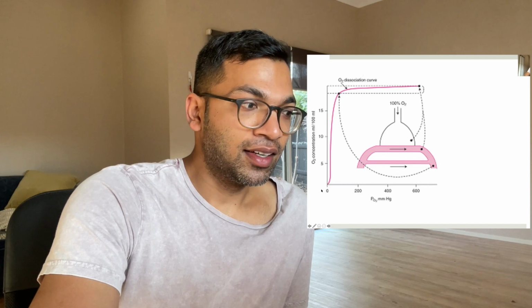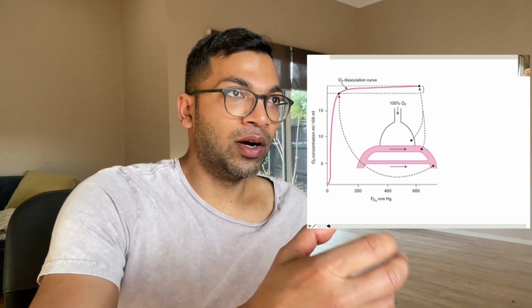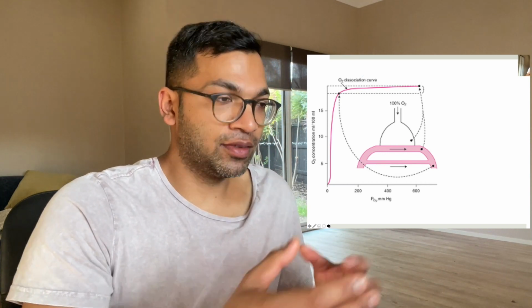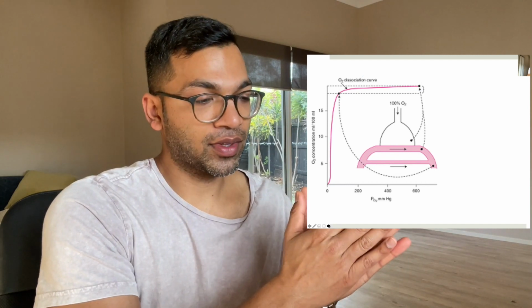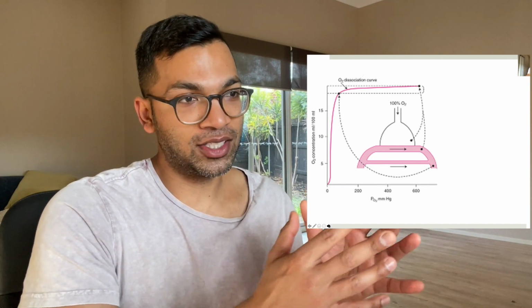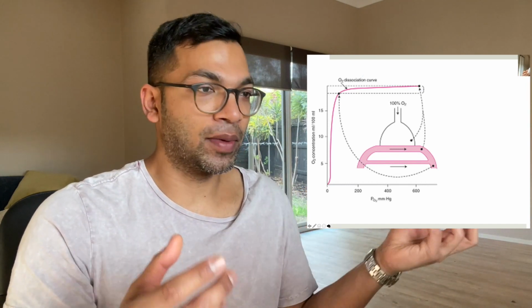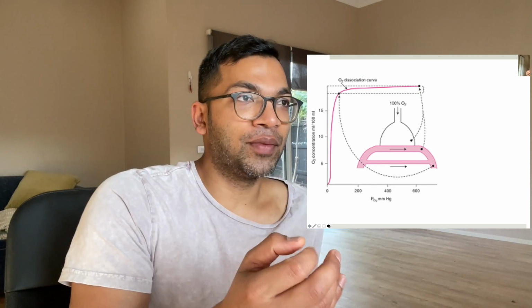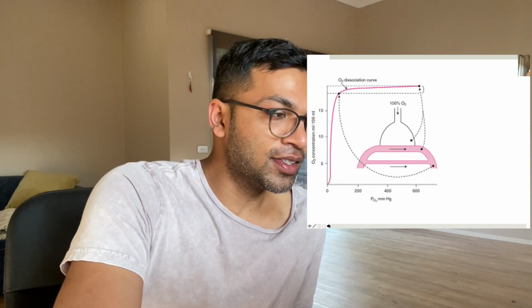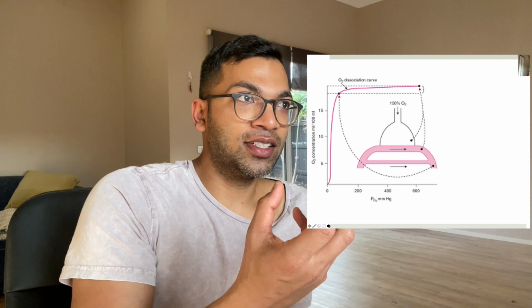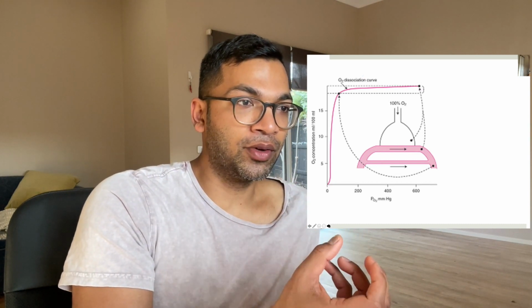So that's that. So then, why are we talking about all these different VQ matching segments versus just talking about shunt and something else? I think it's because shunt is just one component.